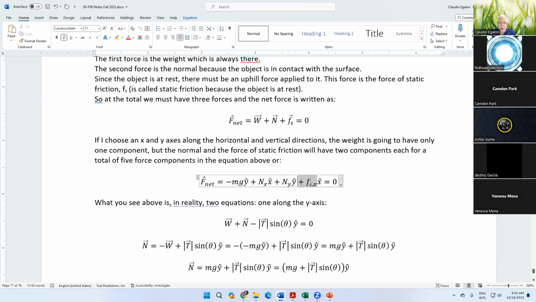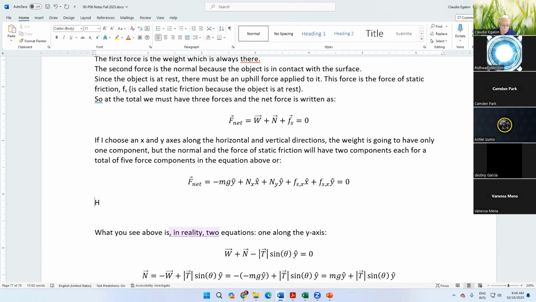And I'm going to have a y component because of the way we chose the x and y axis. Notice that because of that, we end up having 1, 2, 3, 4, 5 components for this equation. Okay? And that's because we chose the x and y axis along the horizontal and vertical directions.